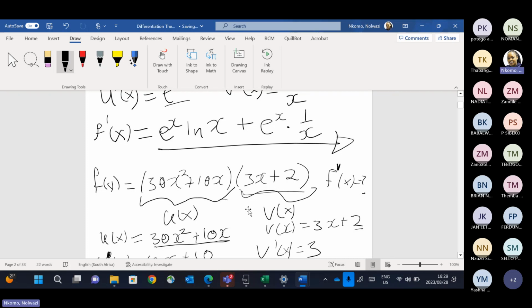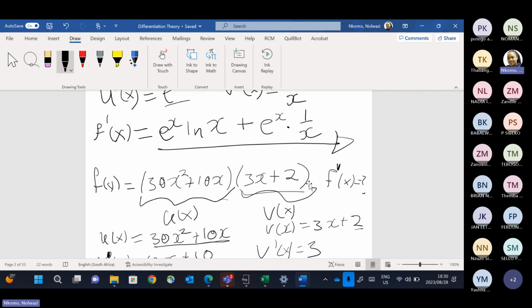The reason I did this is because sometimes you'd be given this bracket to a higher order, as in your exponent won't be 1 or 2, because if it's 1 or 2, it's easy to simplify.